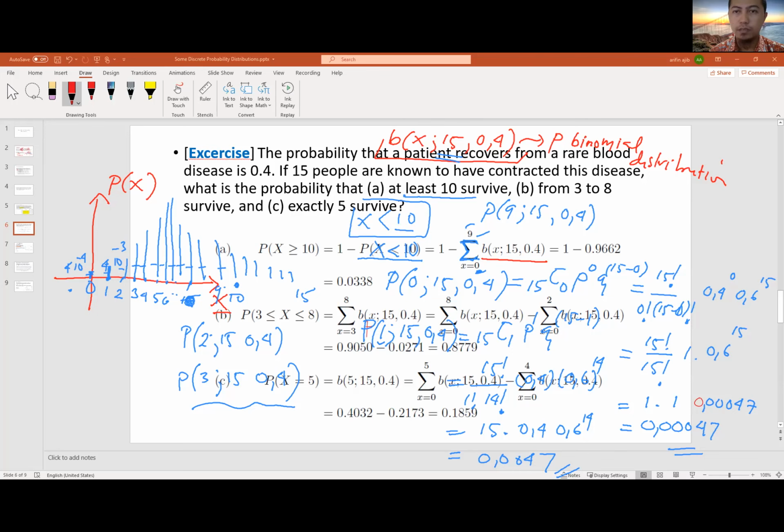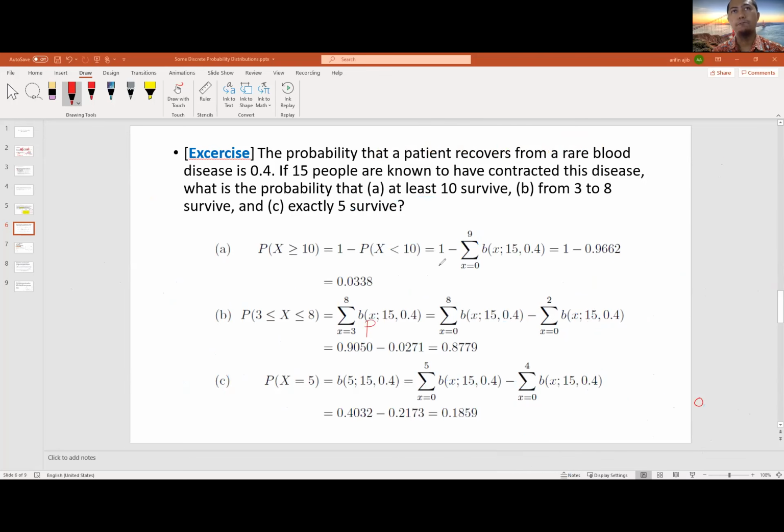Oh yeah. Okay, wait a moment. Anyway, there is a way to compute this equation much shorter using what we call a binomial table. Binomial table.